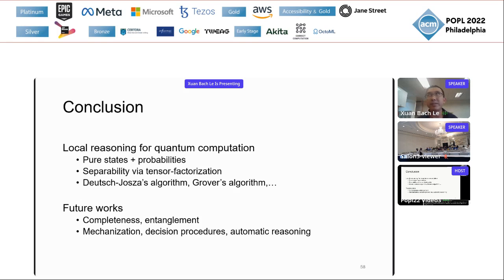And for the type system, they're actually two different things, I guess. Our framework focuses on reasoning about the correctness of the program, while the previous talk, I think, focuses on the type of the quantum system.